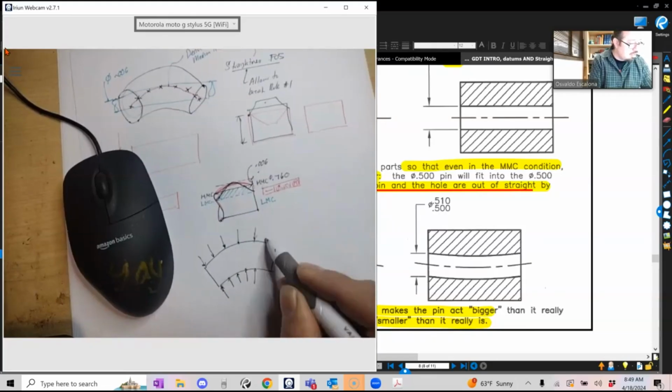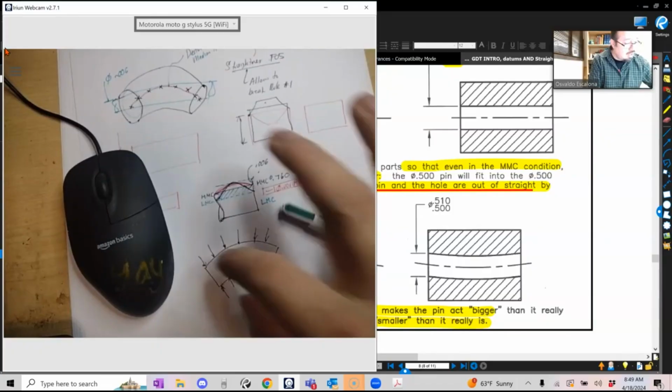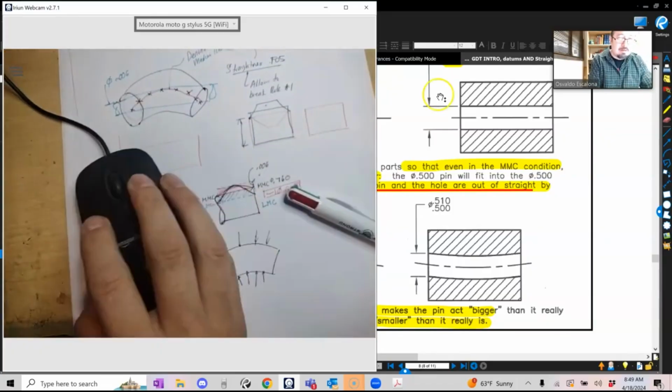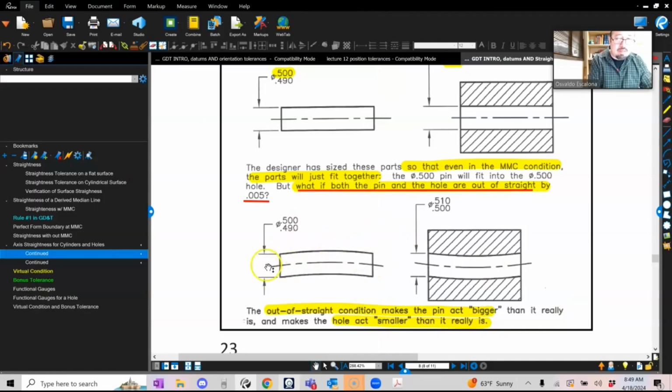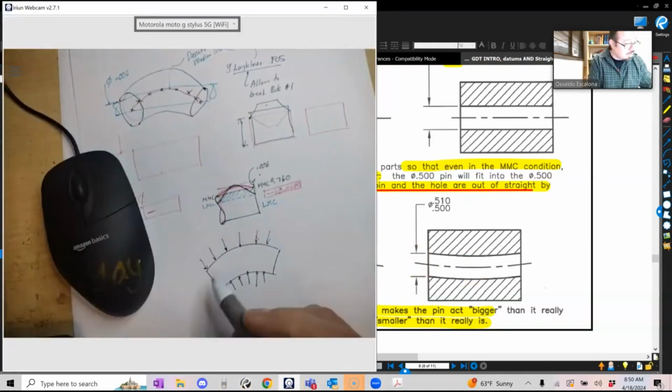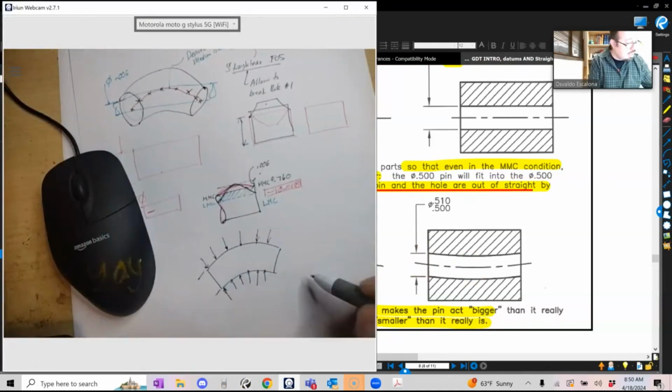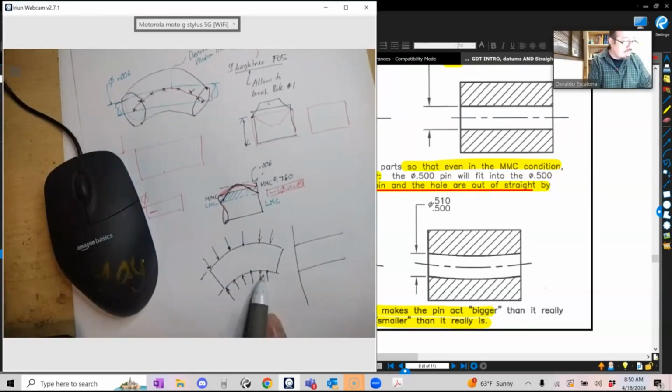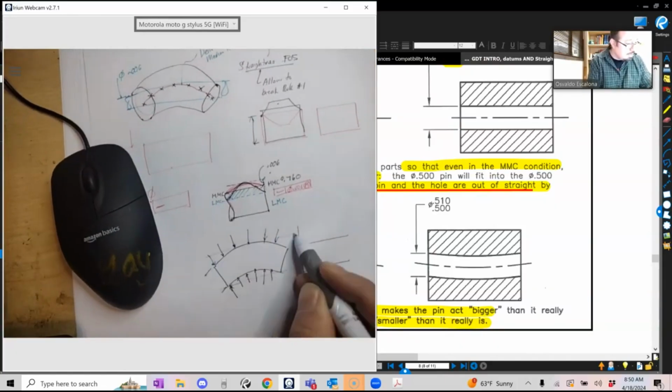Every measurement matches. However, because my pin is crooked, it actually acts bigger. If I put this pin in a hole of this size, I cannot fit it, because in reality this pin now acts as big as this.